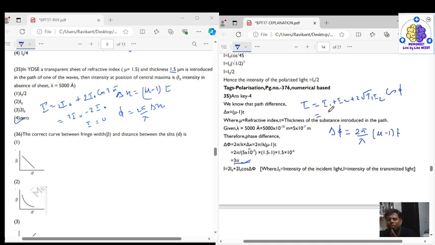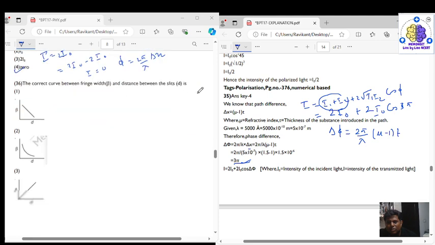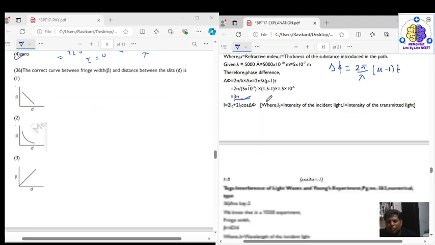So this will result in 2 I naught, the sum of these two, plus 2 times root of I naught square, which is I naught, into cos phi, which is cos 3 pi, right? And cos 3 pi is minus 1. So this will become 0. So the resultant intensity is equal to 0 here, right? So the correct answer for question number 35 is option 4.